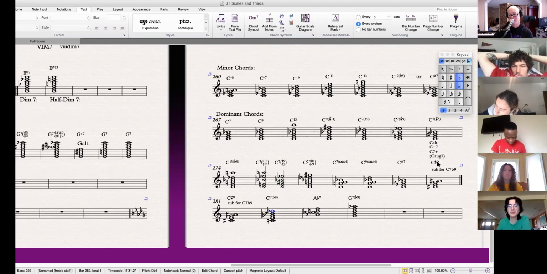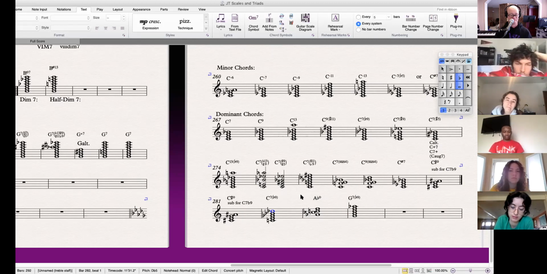Actually, I guess it is used as a substitute. It's the same thing, just going a different direction. But this is the most common usage in a major key. We use it more frequently in a major key. So this would be C major. G7 is the 5 chord of C major. And so that diminished substitute is more commonly used in a major key context. Got it?